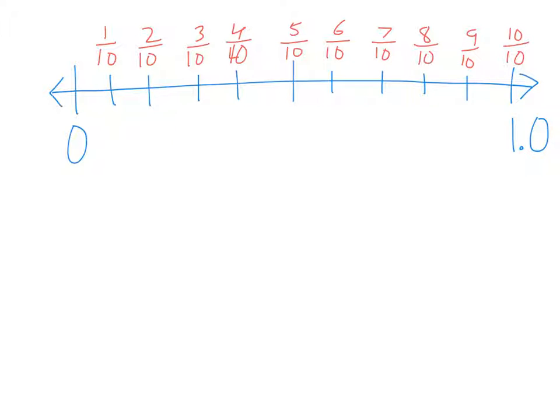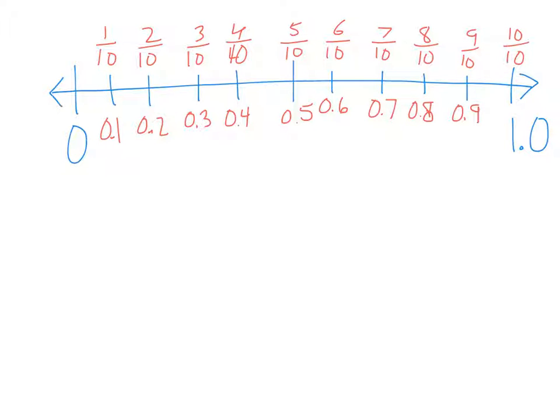Well, all of these can be rewritten as decimals. 1/10 is equal to 0.1. 2/10 is 0.2. 0.3. 0.4. 0.5. 0.6. 0.7. 0.8, and 0.9.